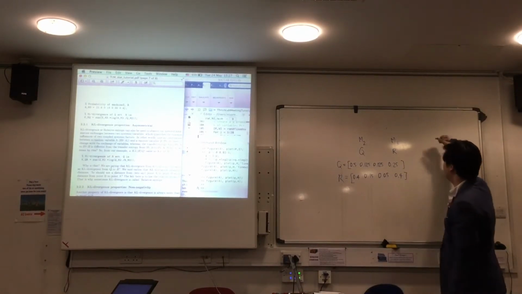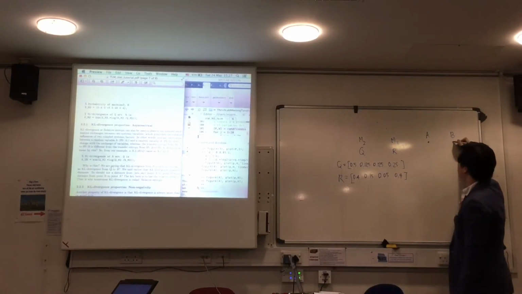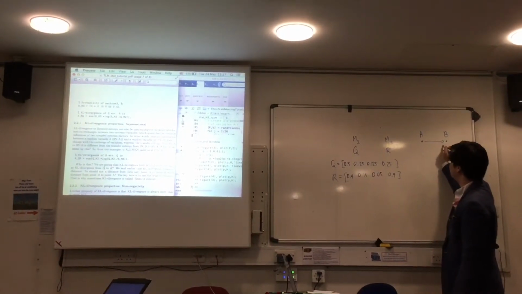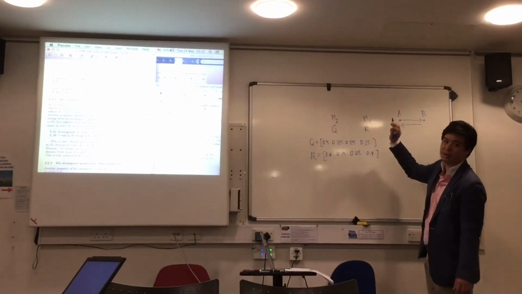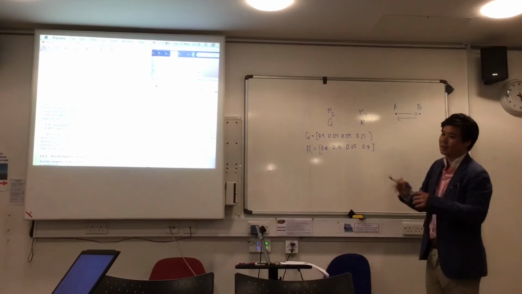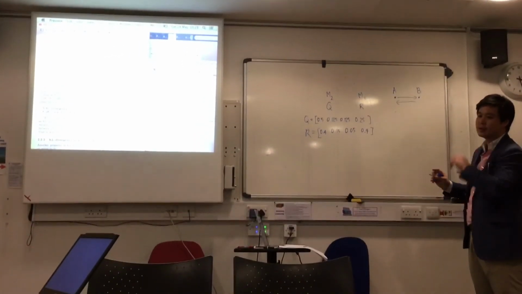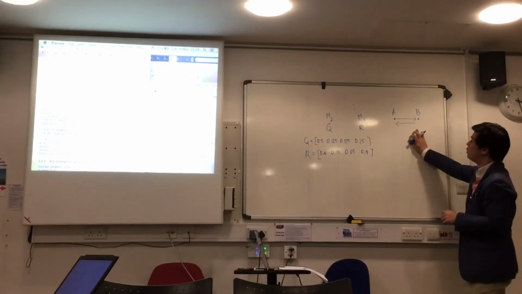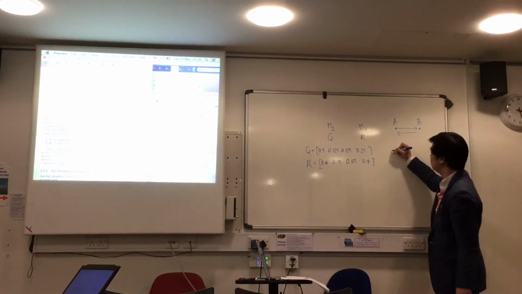So let's say if you have point A and point B, I am now saying that the distance from A to B is not the same as the distance from B to A. This is okay. I understood this paradox, but okay.